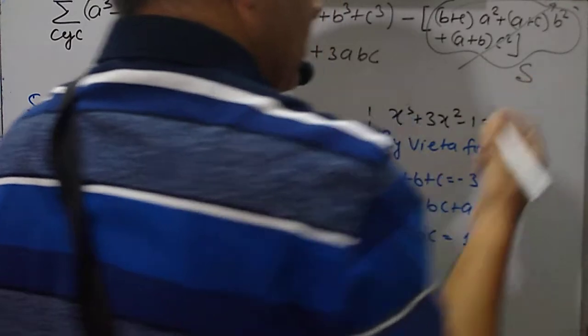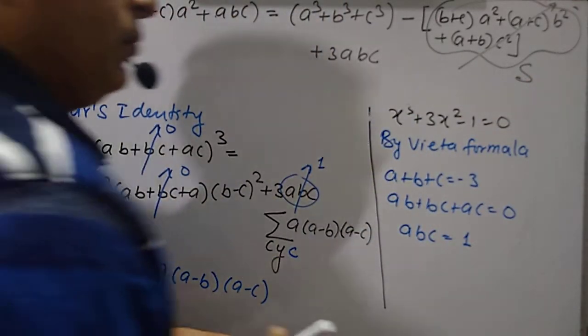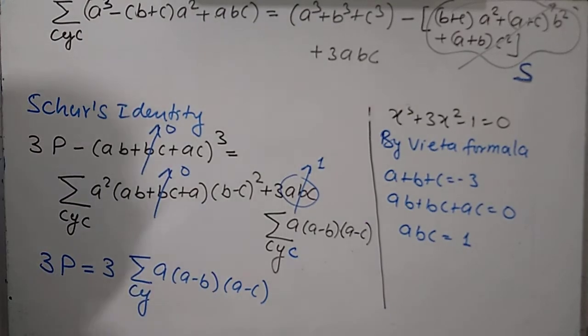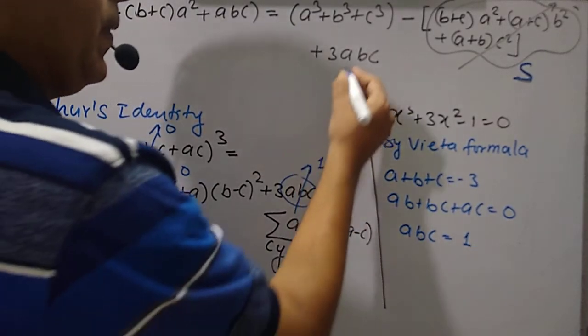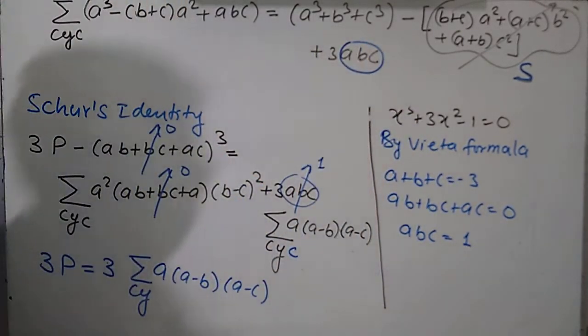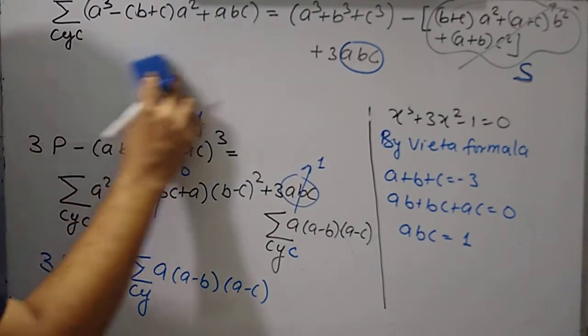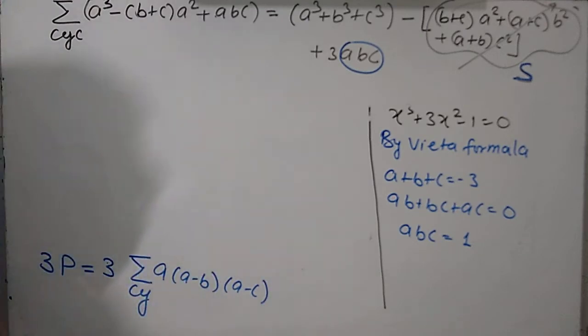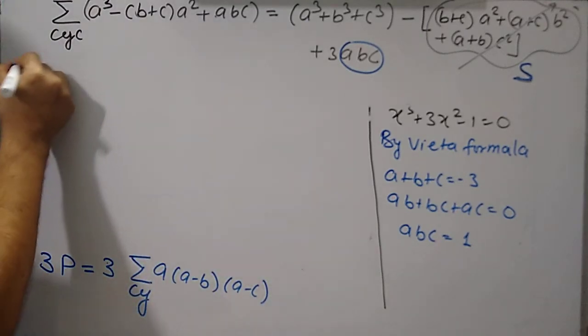This value is known as S. Now we have thrice abc equal to 1, so now we have to determine the value of a cube plus b cube plus c cube.